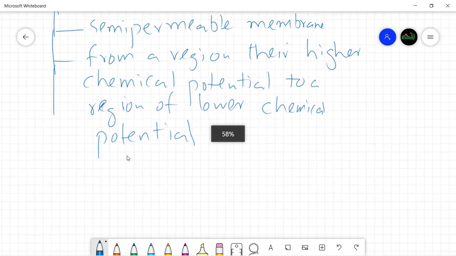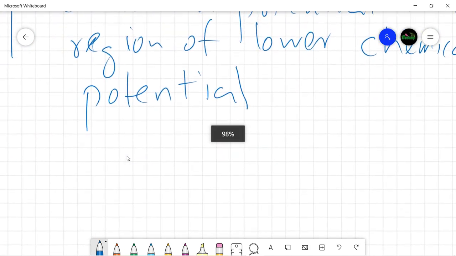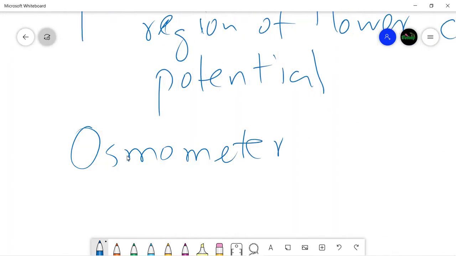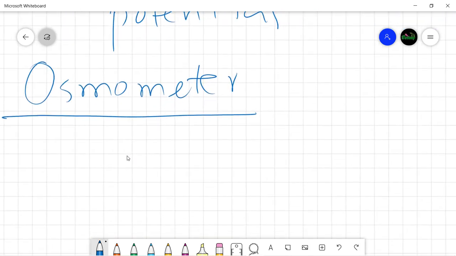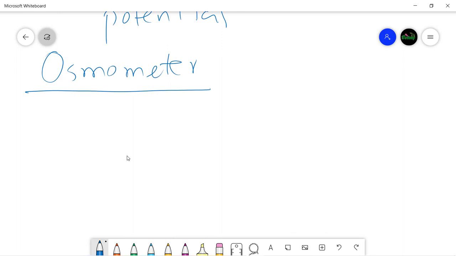Now we can demonstrate osmosis by a special kind of apparatus which is known as an osmometer. We can demonstrate the process with the help of an osmometer, and you can construct one in the laboratory. It's very simple. If we take a tube and tie some semi-permeable membrane, like a membrane taken from a chicken egg, that membrane is a differentially permeable membrane.